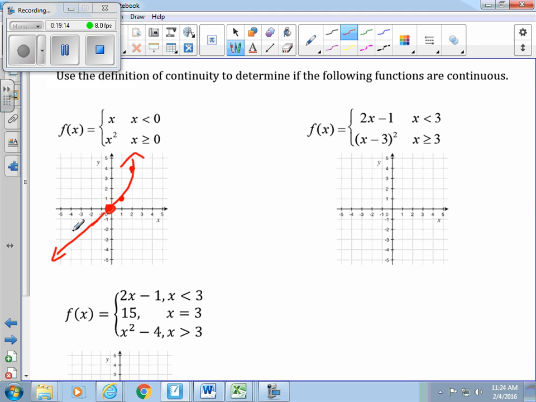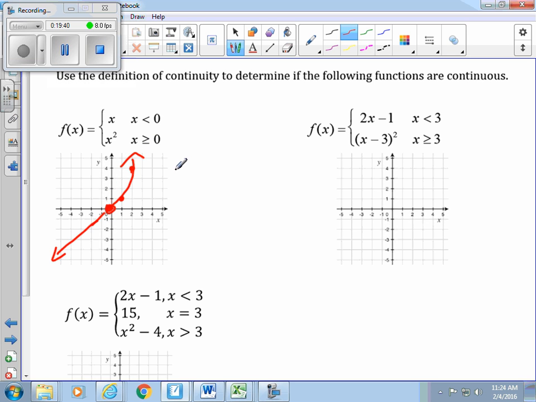Yes. Now it doesn't say use the picture to determine if it's continuous or not. The first thing I would do is look at x and x squared. Do both of those have limits everywhere by themselves? They're both nice, continuous functions by themselves. So if this weren't continuous, where would it not be continuous? At 0.